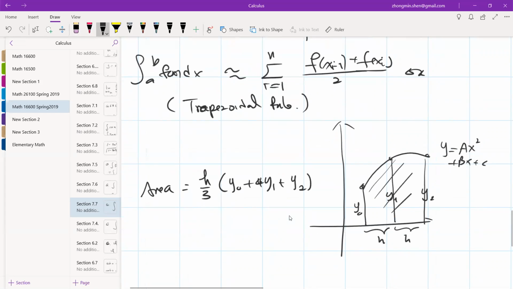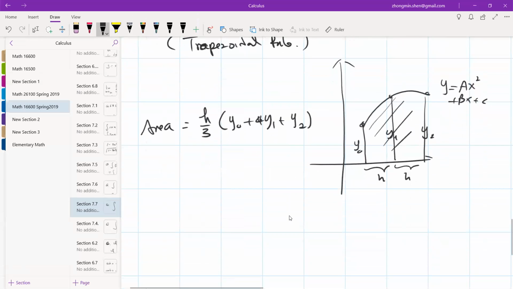Okay, so this is the exact area under the quadratic function. We can calculate that by integral. So suppose this quadratic function at those 3 points has heights y0, y1, y2.